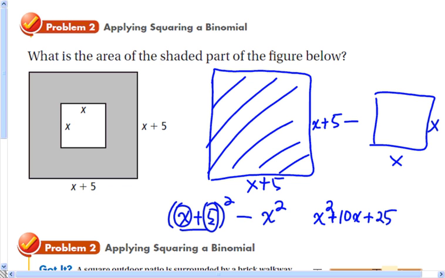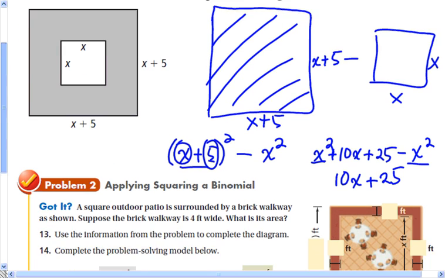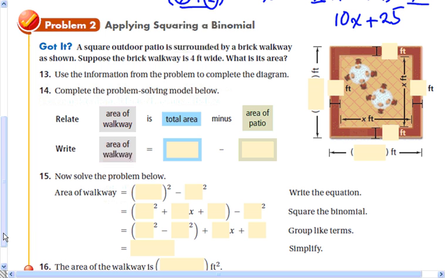And then we just need to subtract x squared. And notice we have x squared here and x squared here. x squared minus x squared is 0x squared, which is 0. So we end up with just 10x plus 25 for our final answer. I'll let you go ahead and try that.